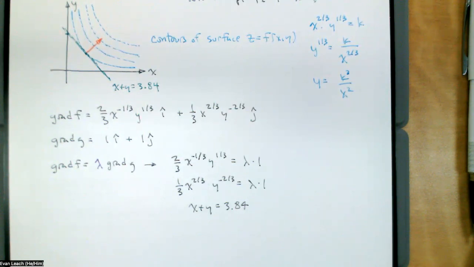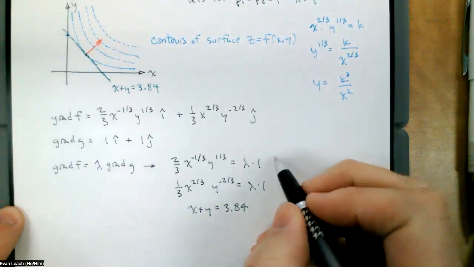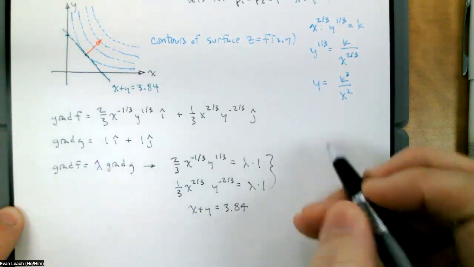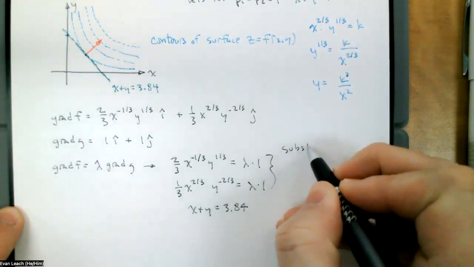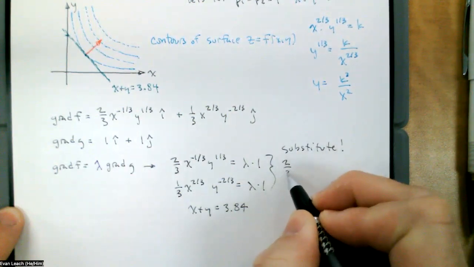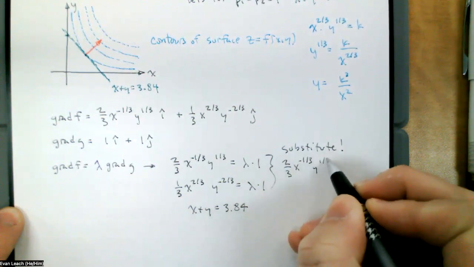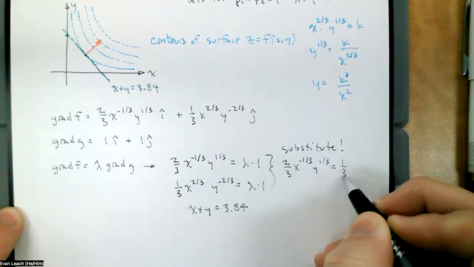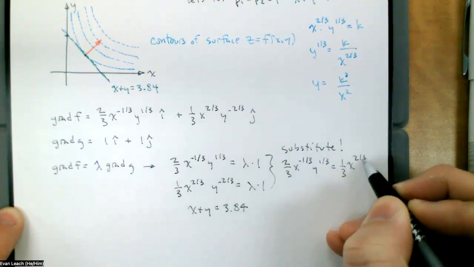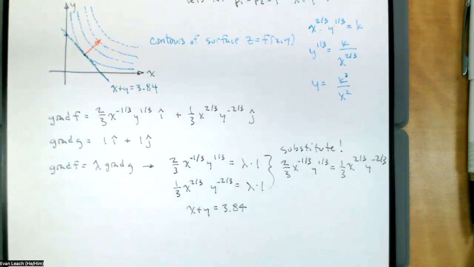I'm going to substitute the second equation into the first equation, and it'll look like this. Oh, I said I was going to do the second into the first, and I did the first into the second anyway.